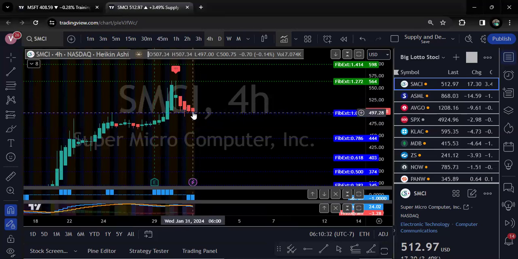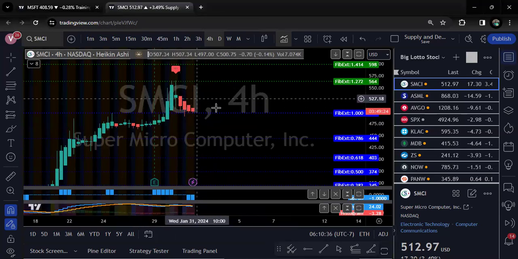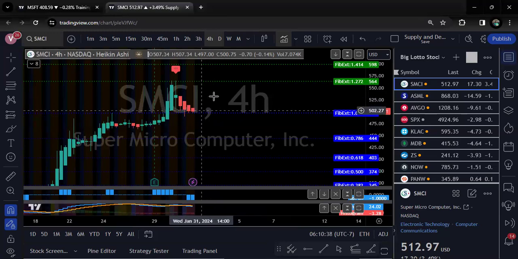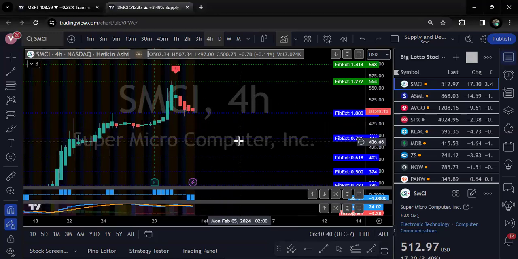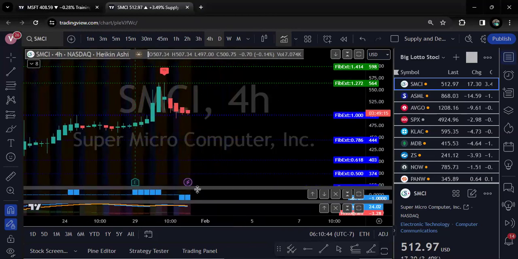Today, any pullback, if it's not going to hit the previous high, any stock today, if we're not hitting the previous high, just get puts. Don't fight the trend. We are coming to the end of the month, and today we have FOMC, I think. So any pullback where a stock is not going back to the previous high, just prepare for puts.